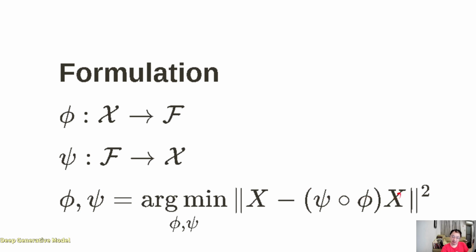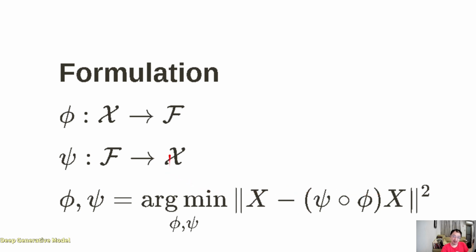So this one is from the space x to the space f and then goes back to the space x. So it goes back to the same space. Not only does it go back, we mostly wish it to be very close. If it would be the same thing, that would be perfect. But if it is not possible, then we wish it to be as close as possible to the original input.